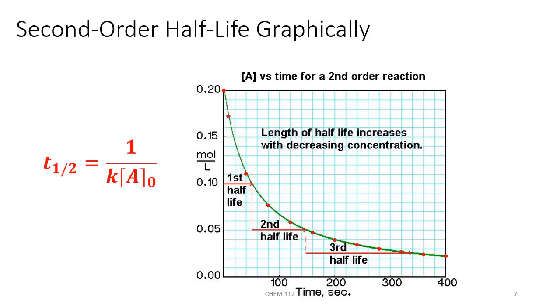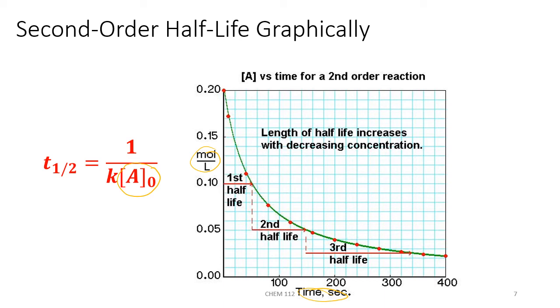If we look at a second order decay, once again we have concentration on the y-axis, time in seconds on the x-axis. You can visually see that the half-life is increasing as we go from the first to the second to the third half-life, and that's due to that concentration term being in the denominator. If you compare the second order half-life equation to the first order half-life equation, remember there was no concentration term, and so the half-life was constant throughout for first order.